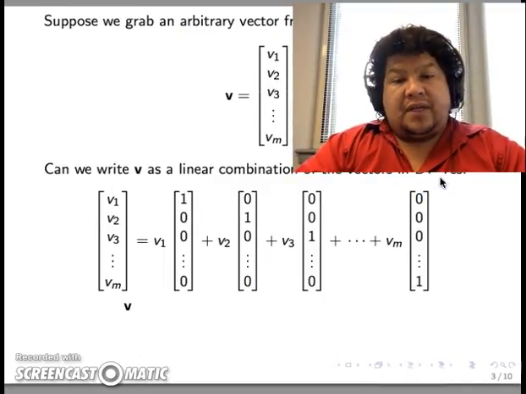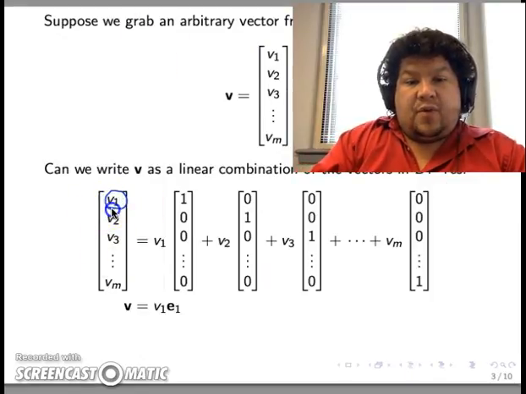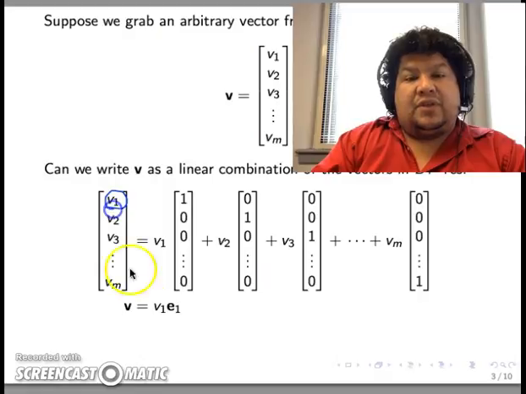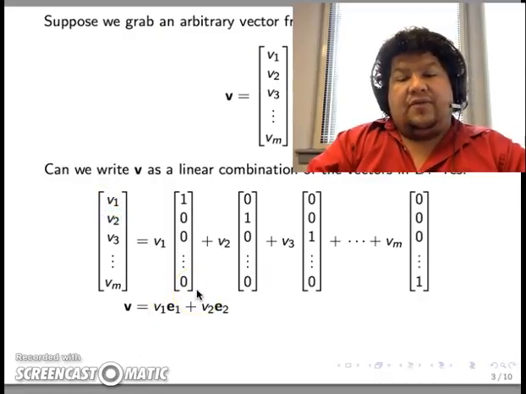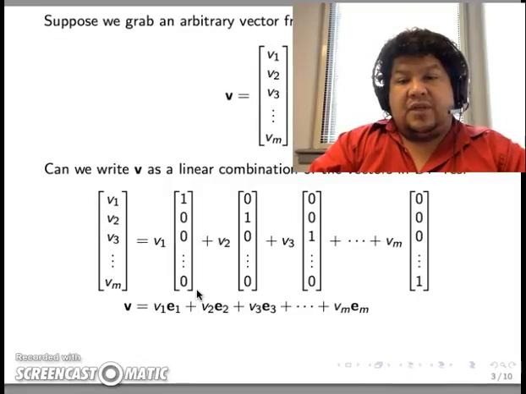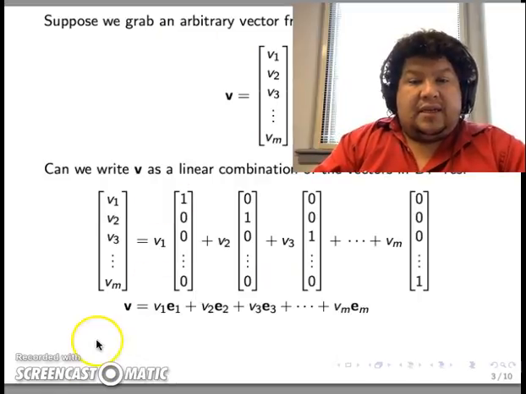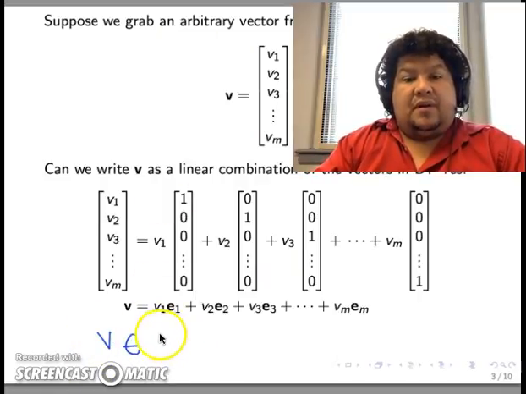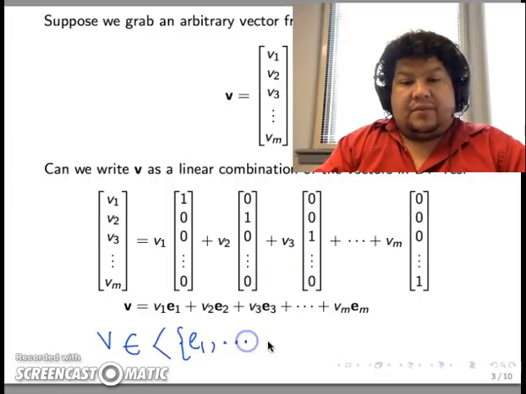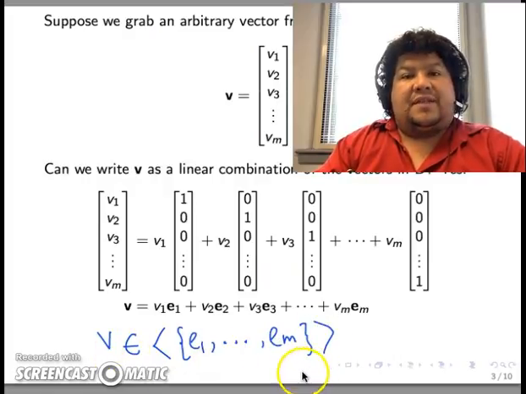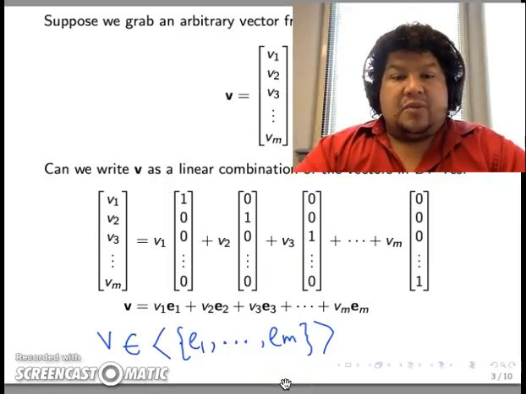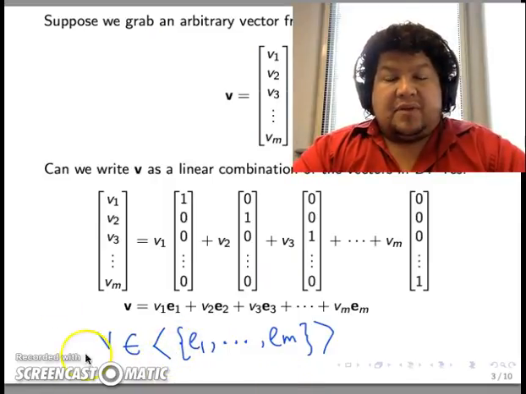In other words, we can write V as V1, the element in position 1, multiplying E sub 1, V2 times E sub 2, V3 times E sub 3, all the way through Vm times E sub m. This denotes that indeed V is a member of the span of these vectors. V is an arbitrary member of that span. It can be represented as a linear combination of the members of that set.